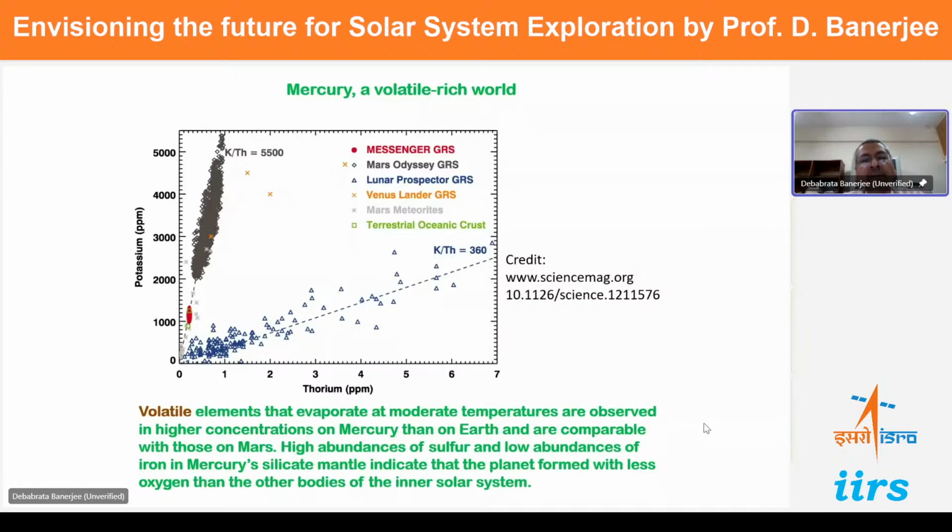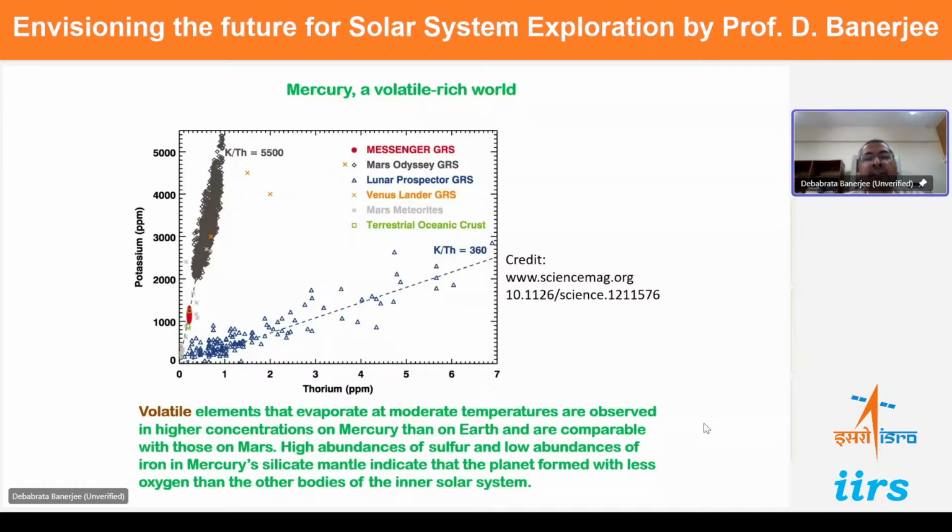And by measuring the signals from the planetary surface, with gamma rays we're talking about a signal which is looking at up to tens of centimeters inside the surface, as opposed to X-rays, which are looking at microns. So this is a plot of potassium versus thorium, and potassium is a volatile.